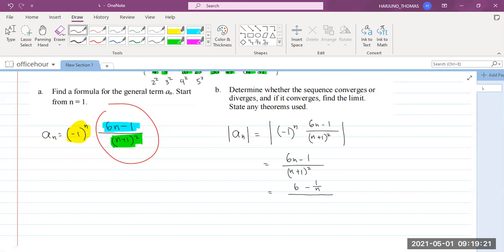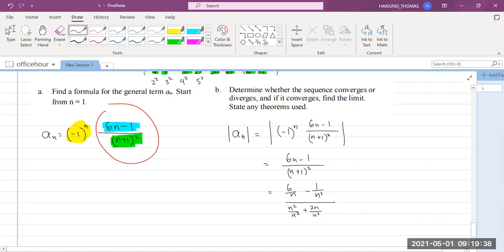That gives 6 over n minus 1 over n squared, over 1 plus 2 over n plus 1 over n squared.